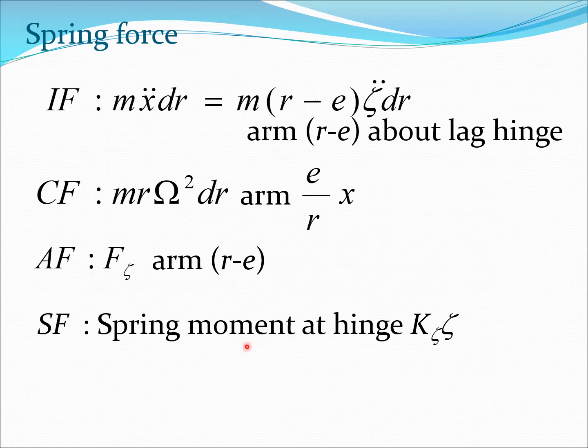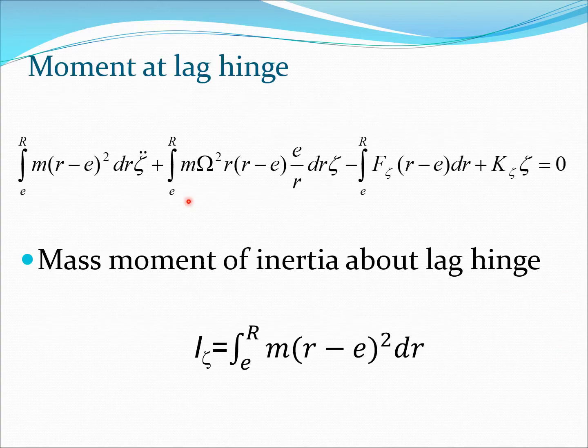So now to recapitulate, we have all these four forces. What we are going to do is take these forces, take the moment at the lag hinge, and then sum this over the complete blade. So let's do that here. We get this equation. The first term is coming from the inertia force, with the zeta double dot.